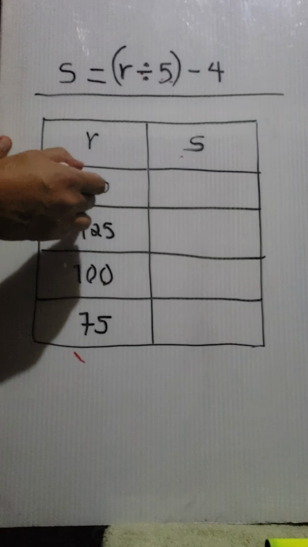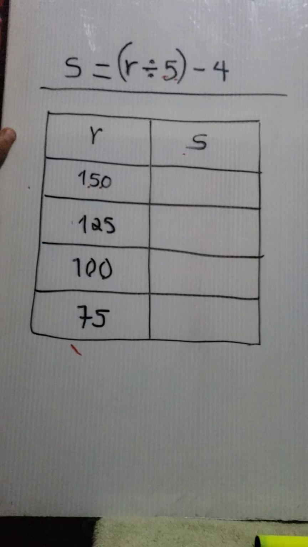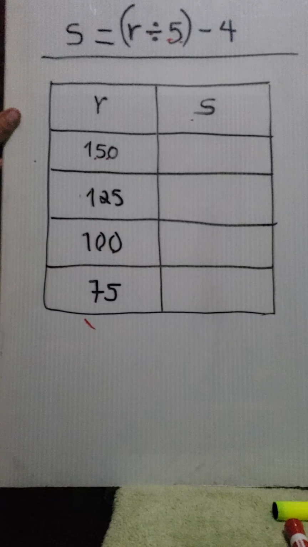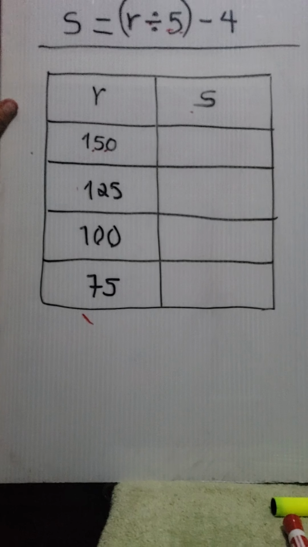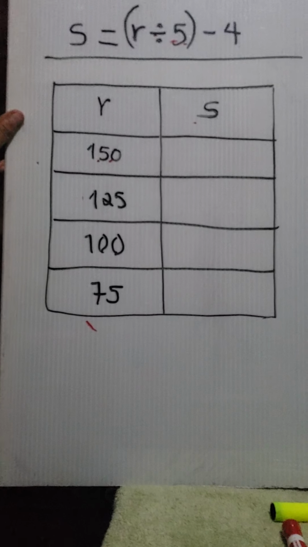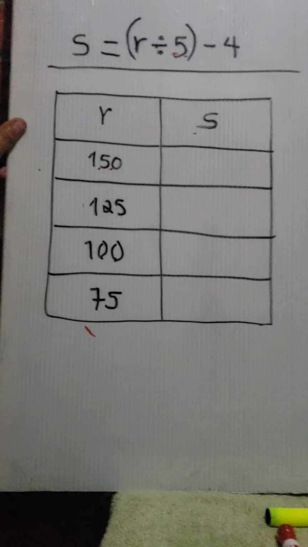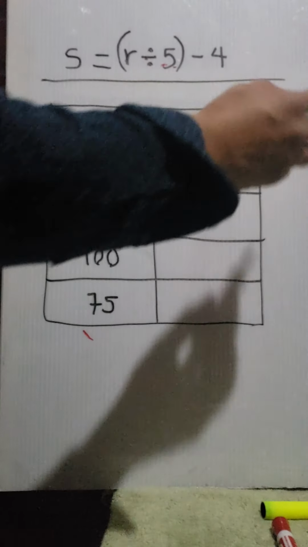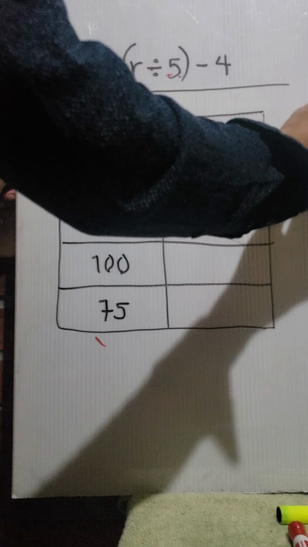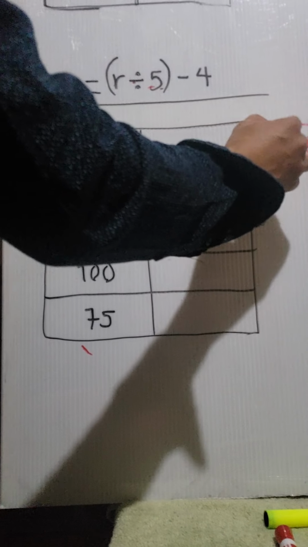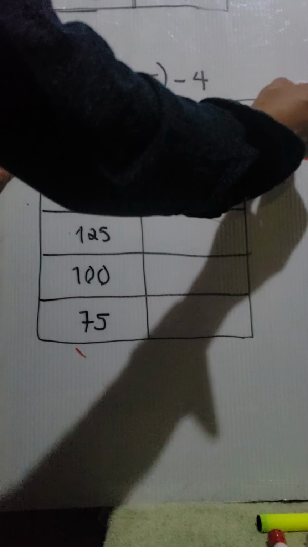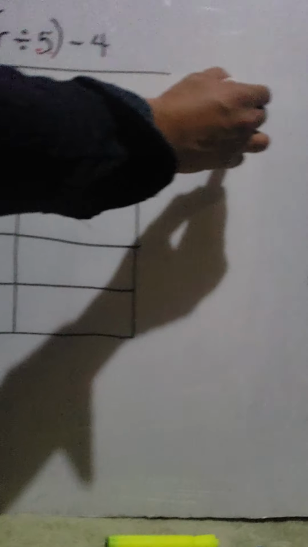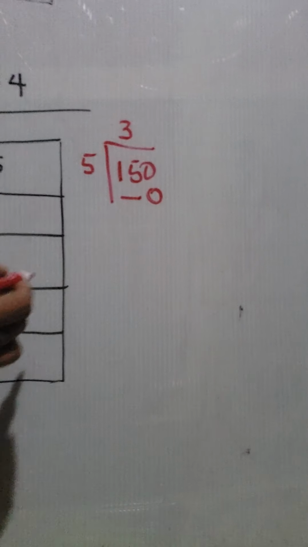Let's see. 150 divided by 5, that will be 10, right? Is it 10? No. So we can do it this way. 150 divided by 5, that will be 3, 0. Okay, and we get a 0.